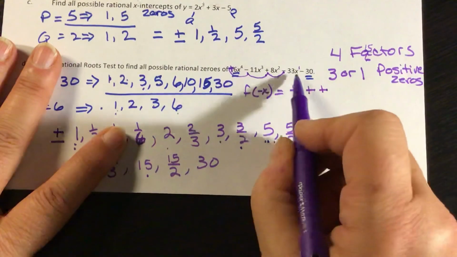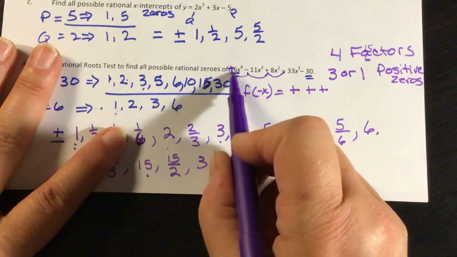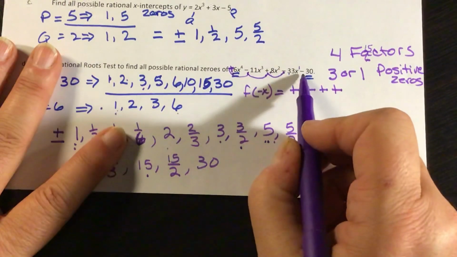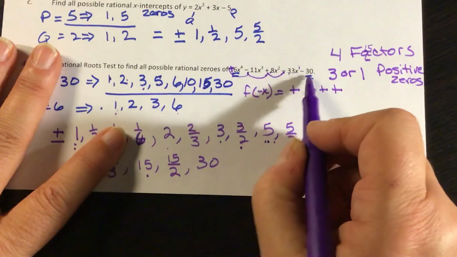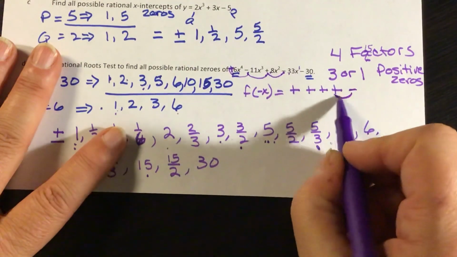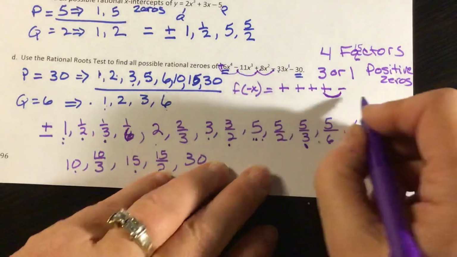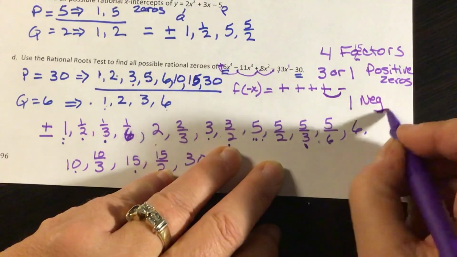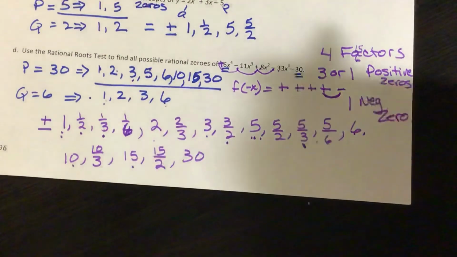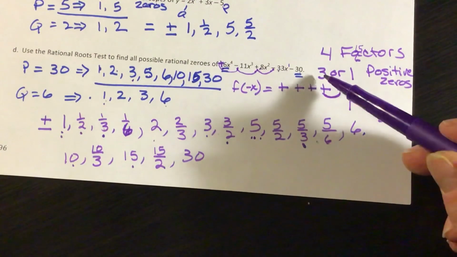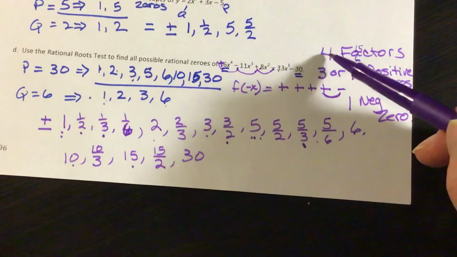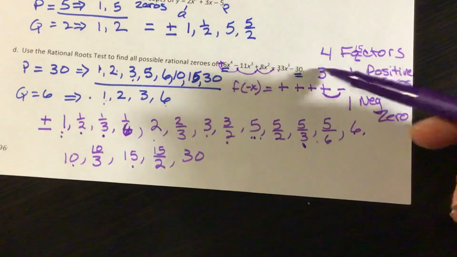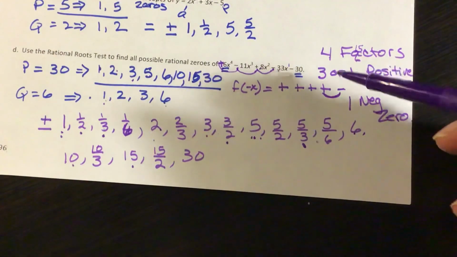So positive, and then this is positive. 1, 2, 3. This is positive. And 0 power, nothing changes. So this tells me that there is going to be 1 negative zero. So I could have 1 negative and 3 positive factors, and that would give me 4 total. Okay, they don't always have to add up, but they most likely will.